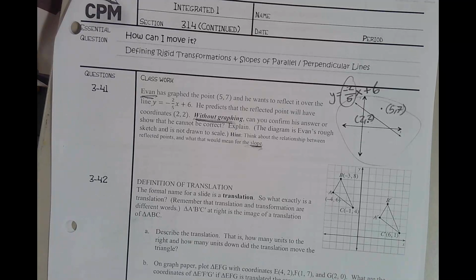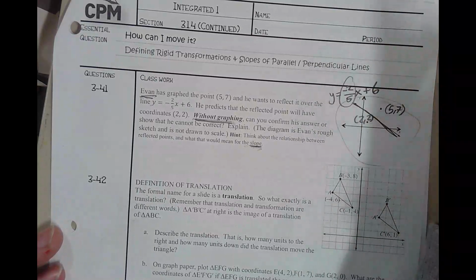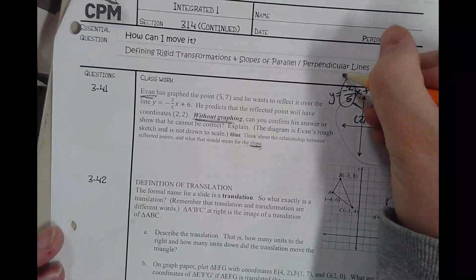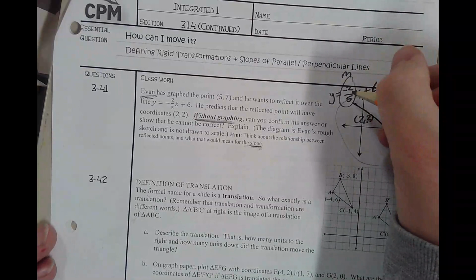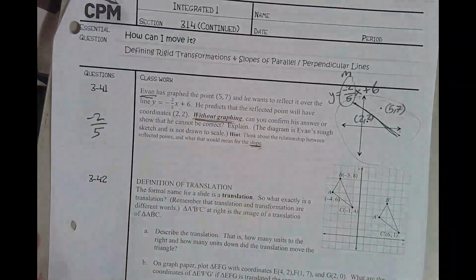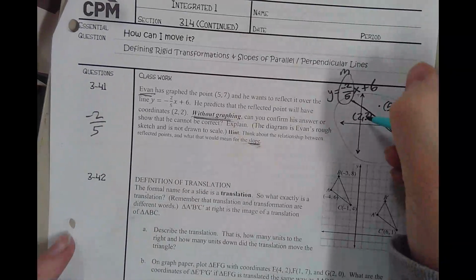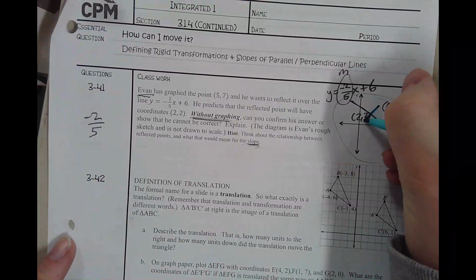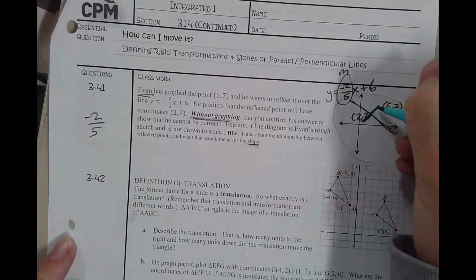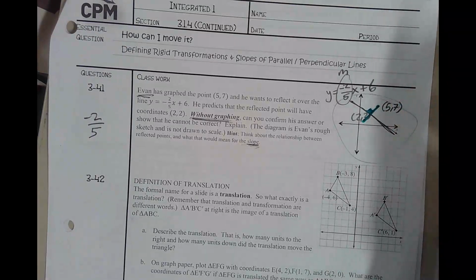All right, so what is the slope of the line? The slope of the line is -2/5. Okay, so that's our goal, -2/5. What do we know about these 2 points? If it was correctly reflected, what must be true about this angle? It's got to be a perfect 90 degrees. We're looking for perpendicular.